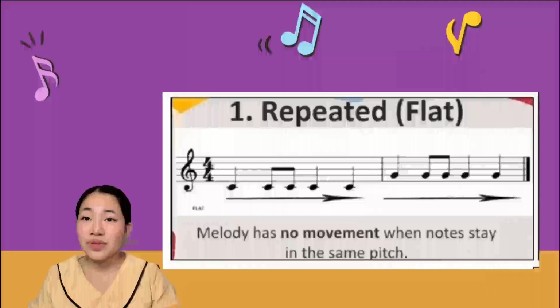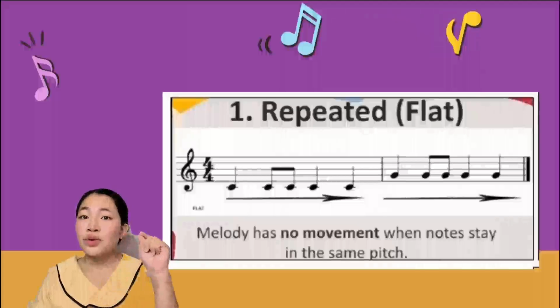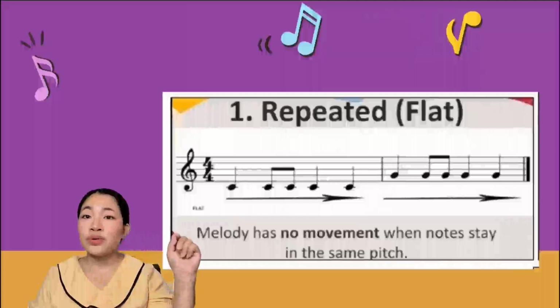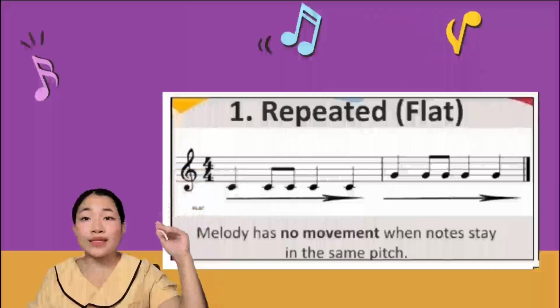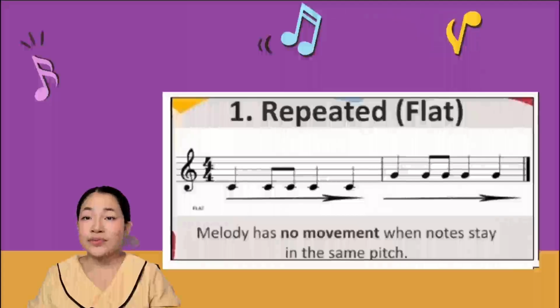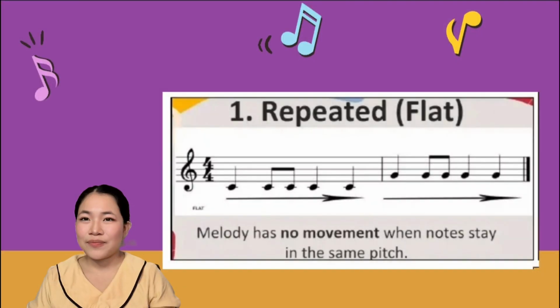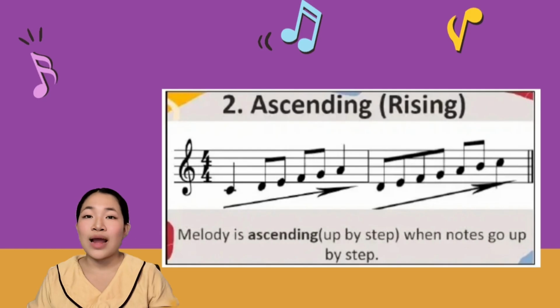It means in music, it's just repeated pitch, like do, do, do, do, do, do, do, do. It doesn't go up, it doesn't go down. That is the repeated or flat or same.